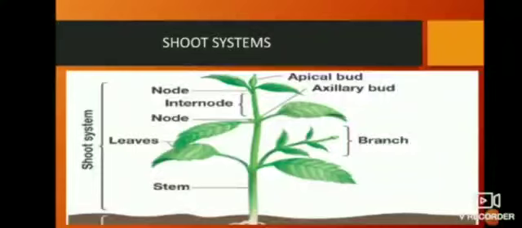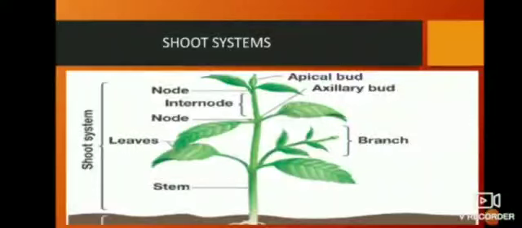For this, you have to take a twig, and at the same time in a beaker you should take some water. In that water, you drop some red ink and stir it well, then it becomes red colored water.